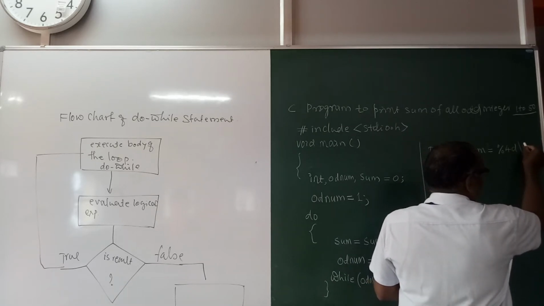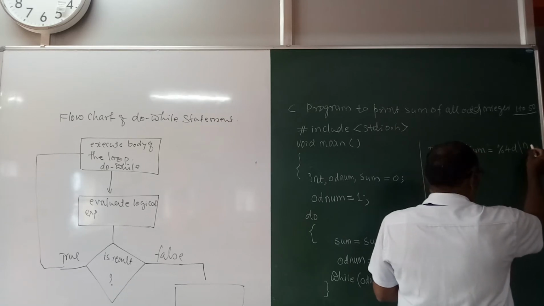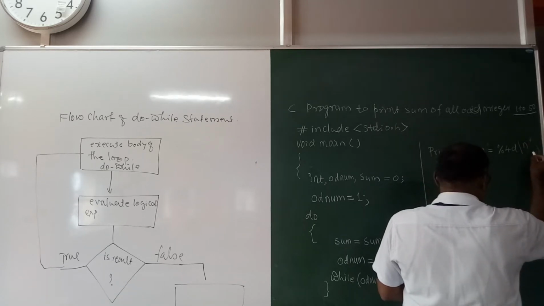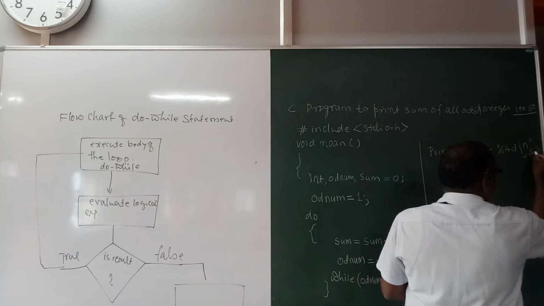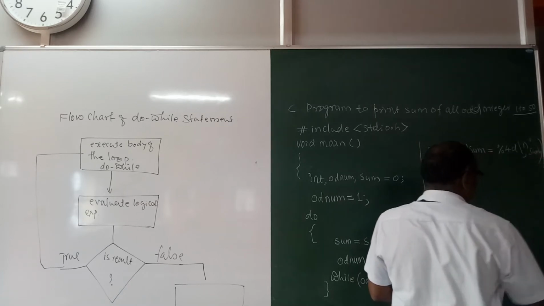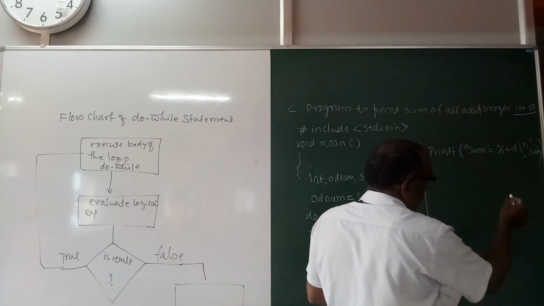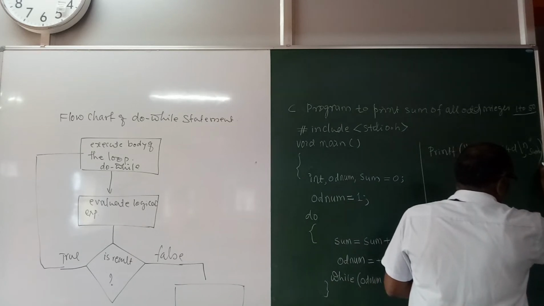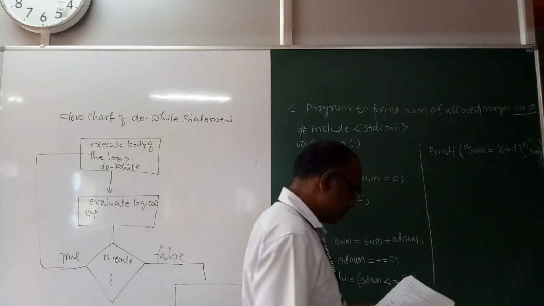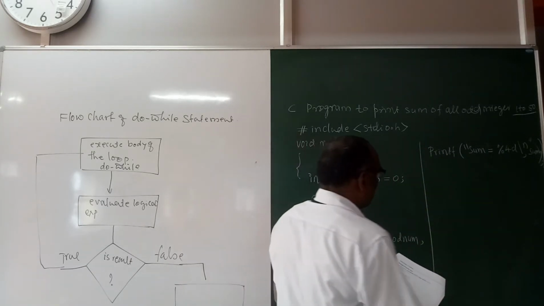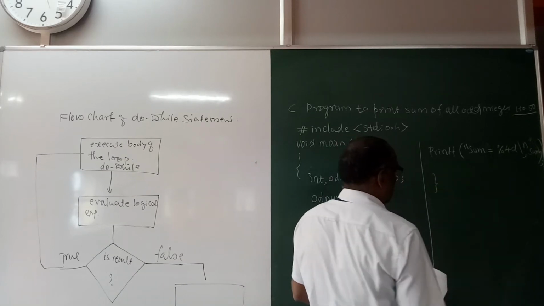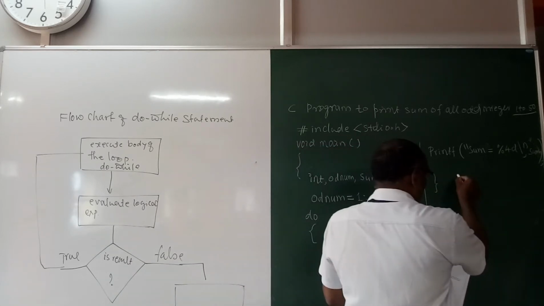We have this newline control, then comma, sum, and close this parenthesis, close with semicolon. This is at the end. This is printf, and this is a comment statement.